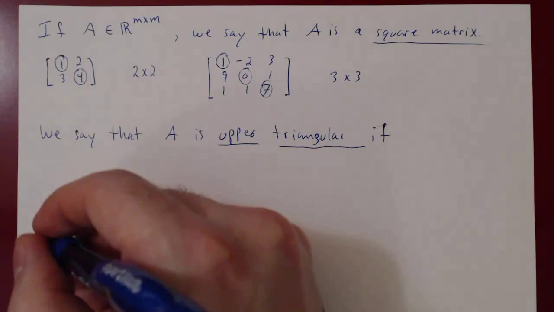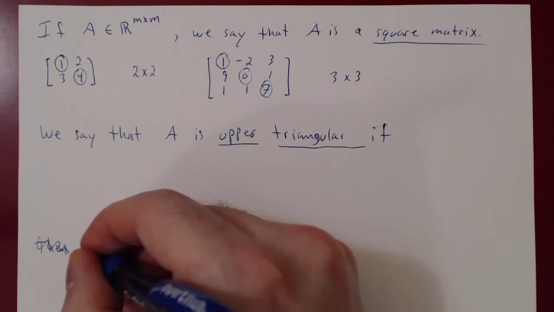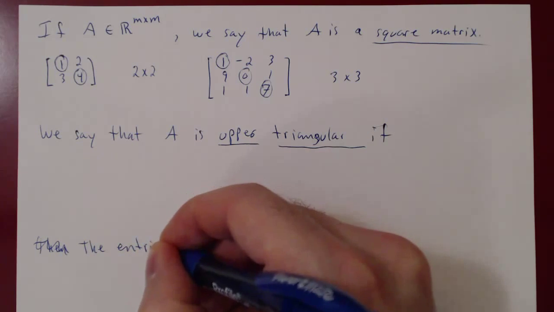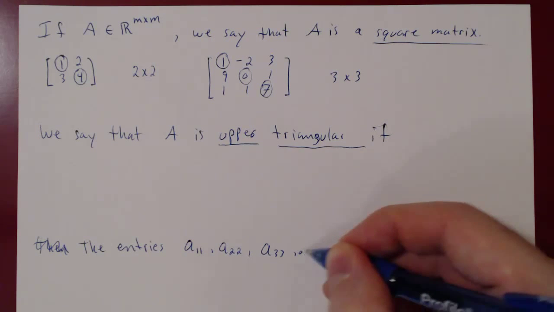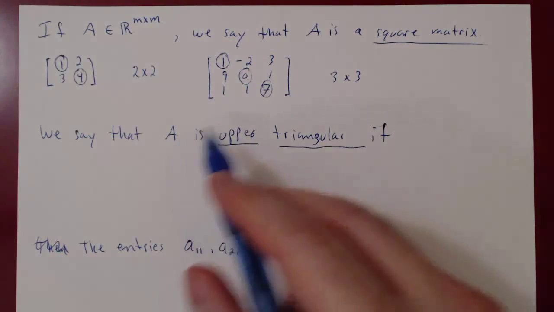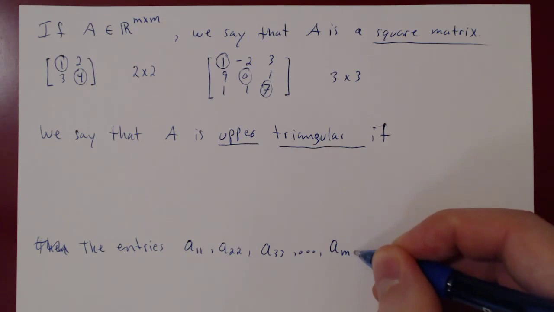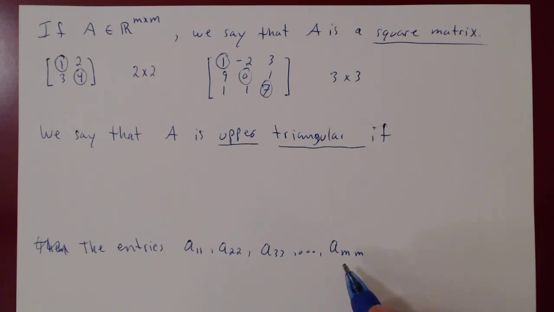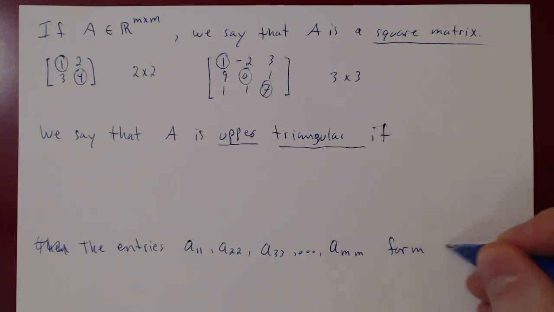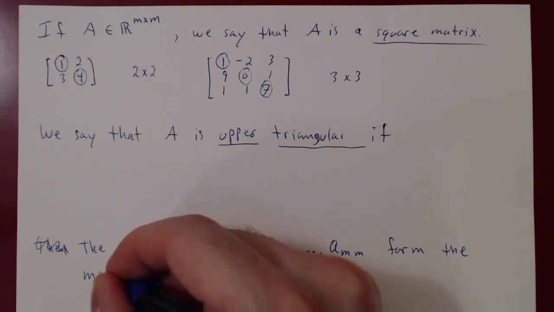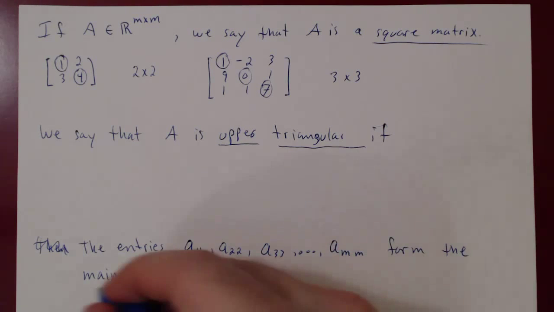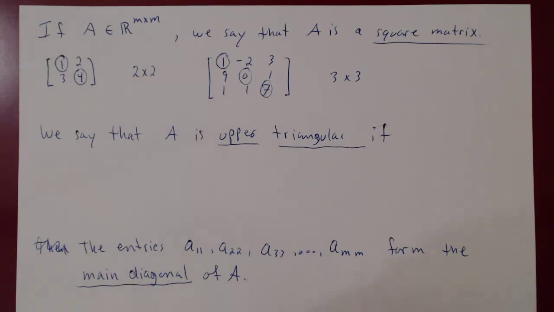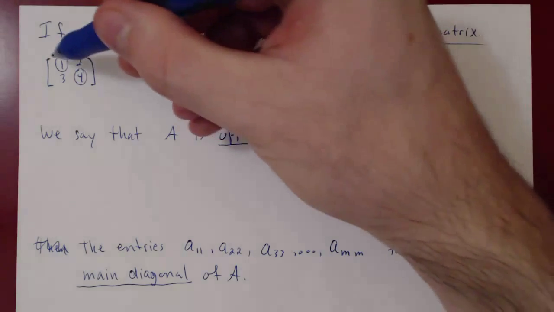Let me just write this here. So the entries A11, A22, A33, up to, if A is an m by m, we end up with the mm entries, so A, M, M. So these entries form the main diagonal of matrix A. And again, it's a pretty obvious definition because as you can see visually, they really look like the diagonal of the square matrix.